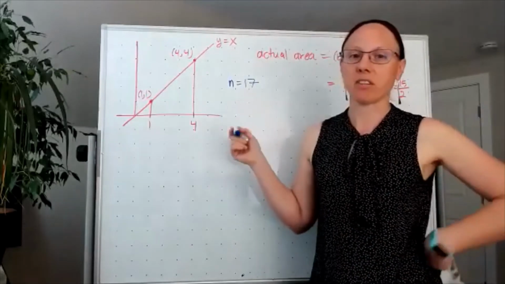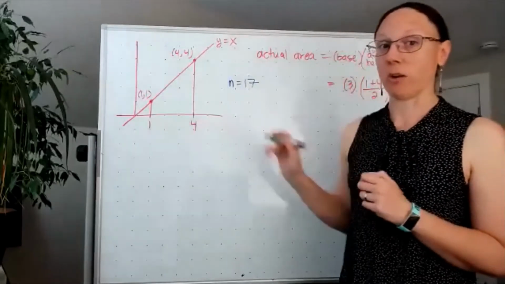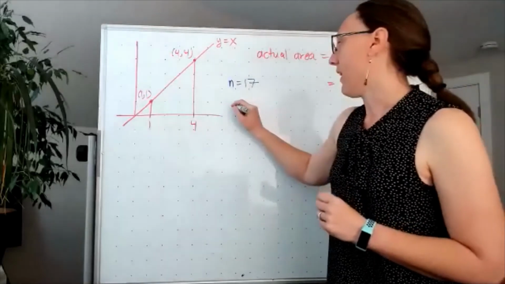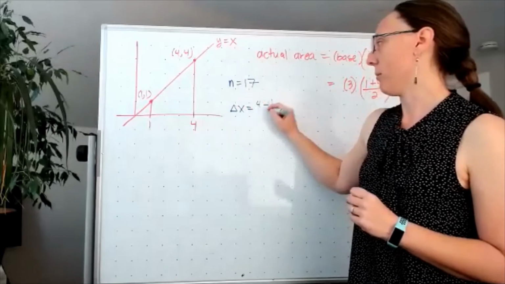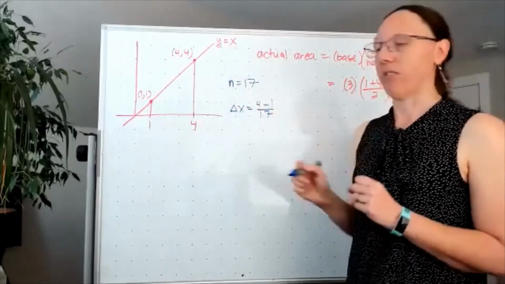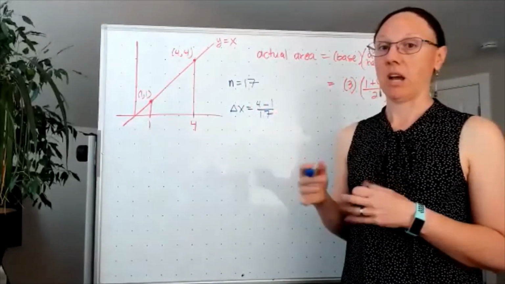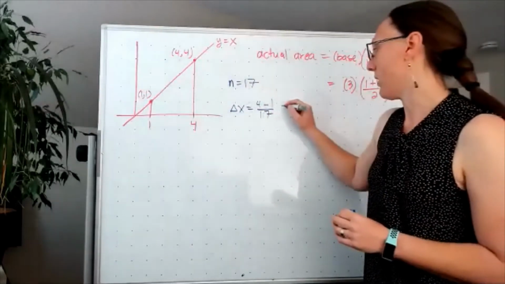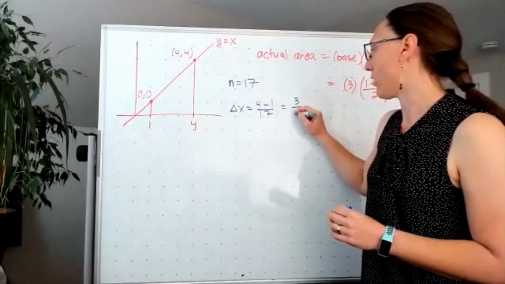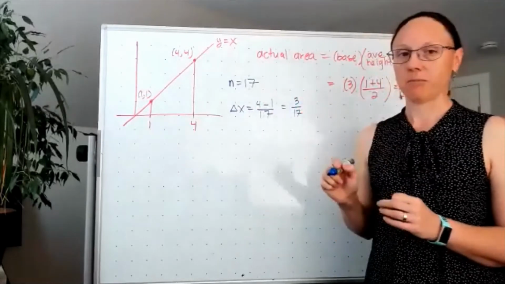Well, if I had 17 rectangles that I was trying to put in here, then the width of each of my rectangles would look like 4 minus 1 divided by 17. Again, terrible. Don't worry about it. 4 minus 1 over 17, so that's 3 over 17.